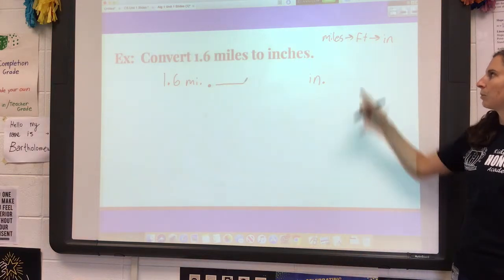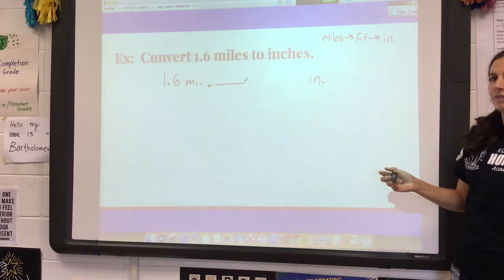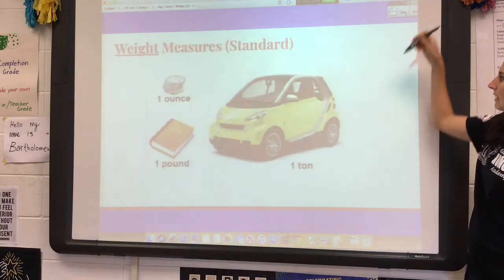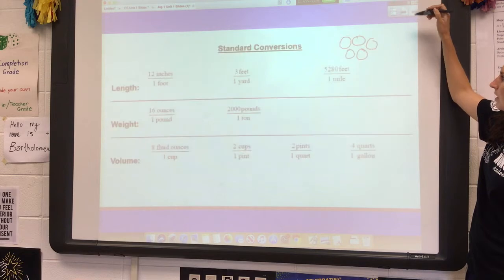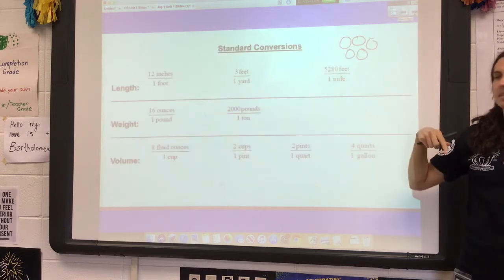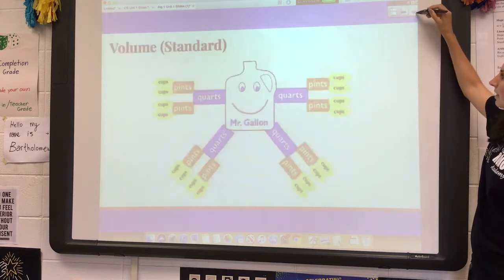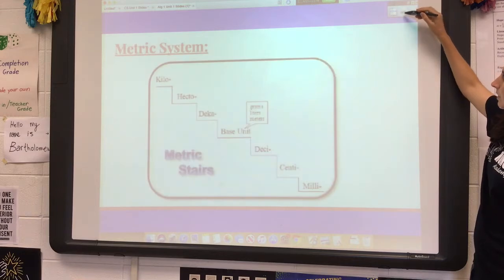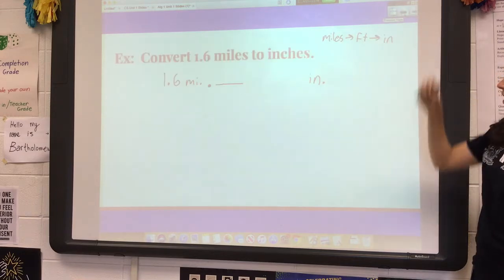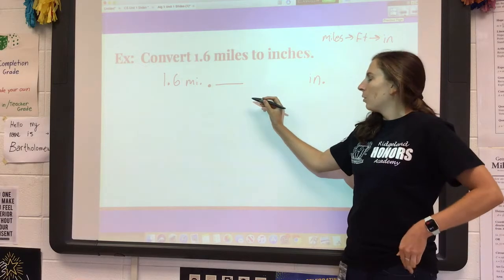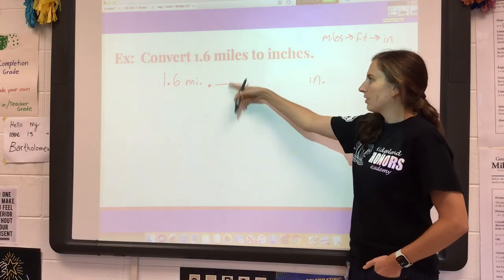In this case, if I'm going miles to feet, how many feet are in a mile? Remember that that's 5,280 feet in a mile. All right, so what I'm going to do is put that conversion rate right here.